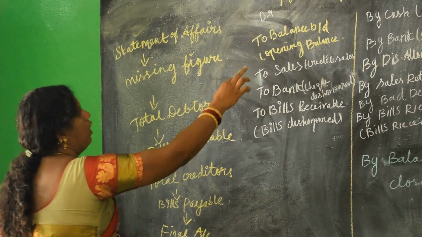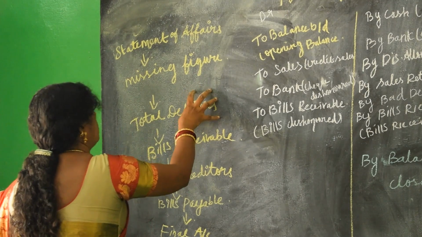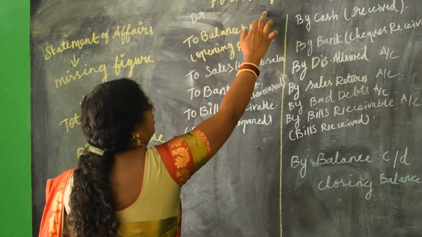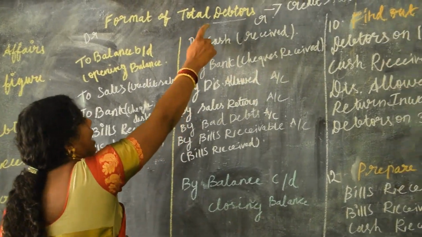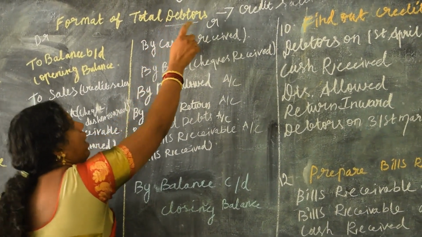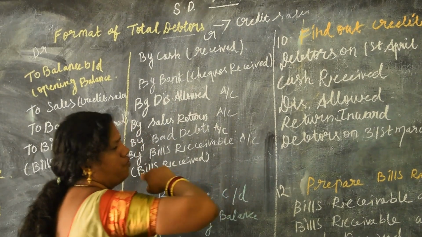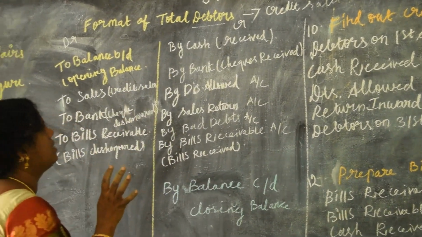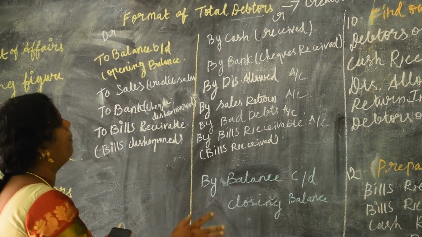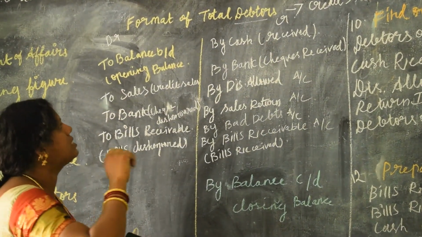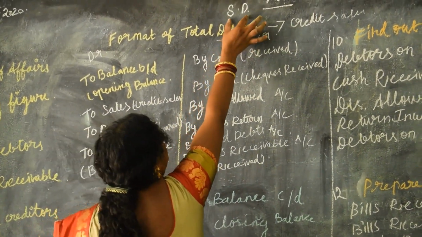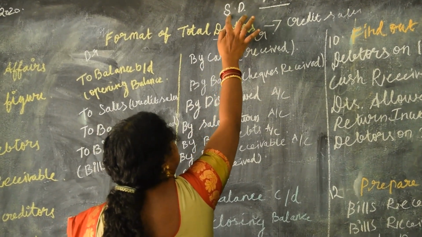Before that, we are going to deal with how to prepare the total debtors, the format of total debtors. Why are we preparing debtors? To find out the credit sales. For that alone, we are preparing the debtors. To have a keynote, I have a small notation here: sales, SD.